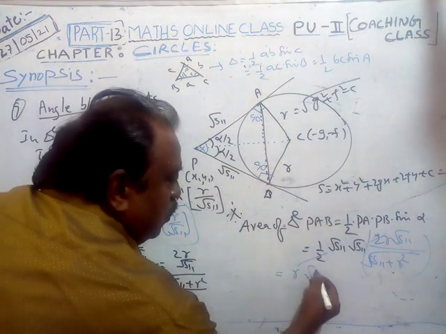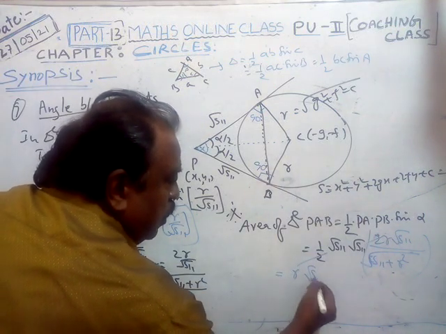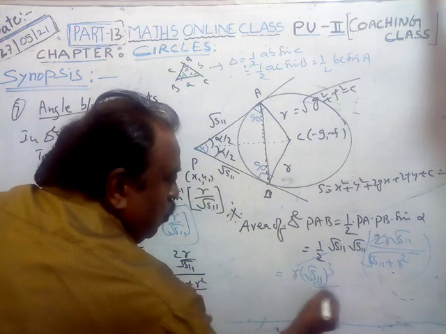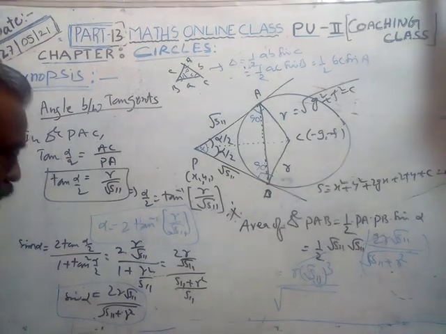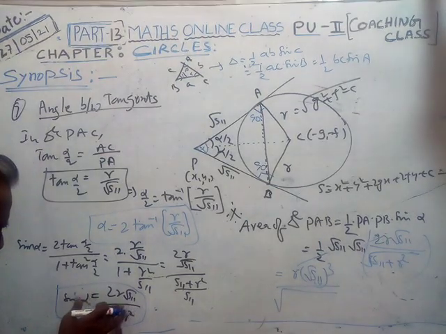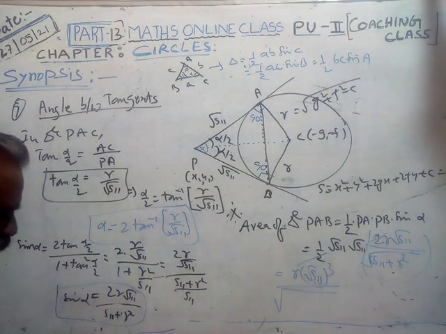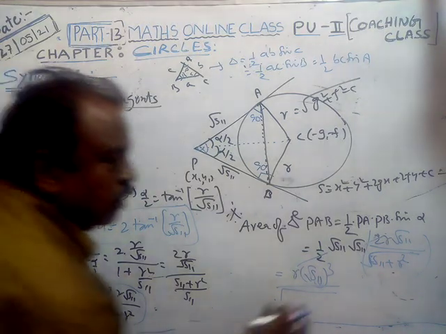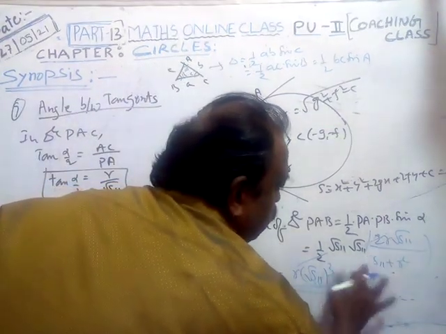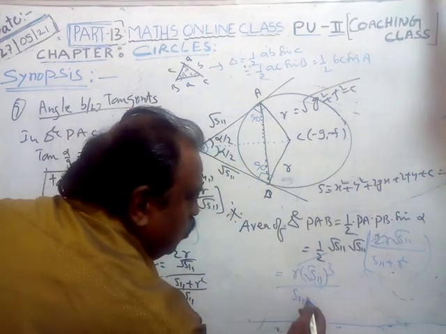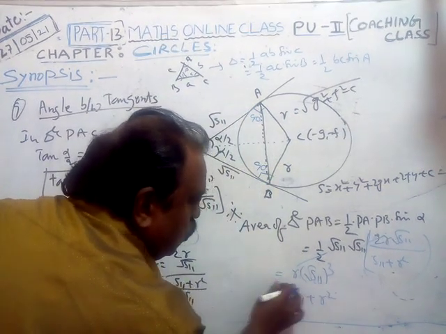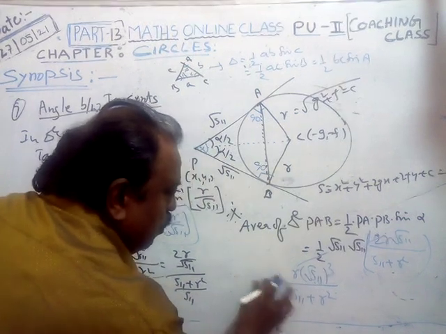It is R root S11 whole cube by S11 plus R square. It's a very good concept.